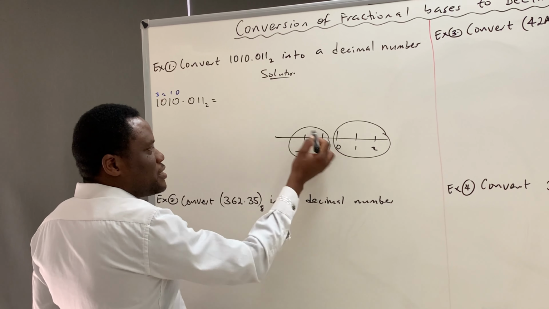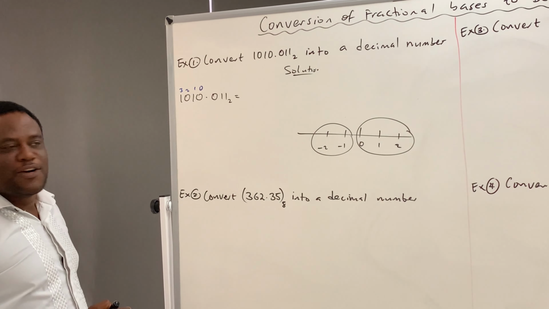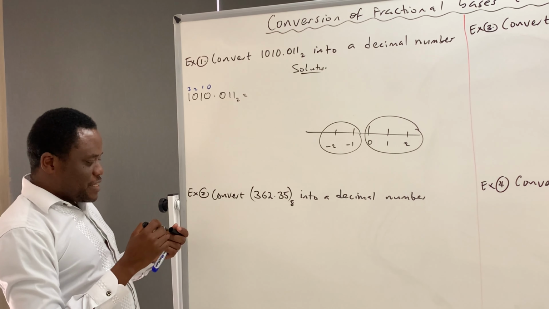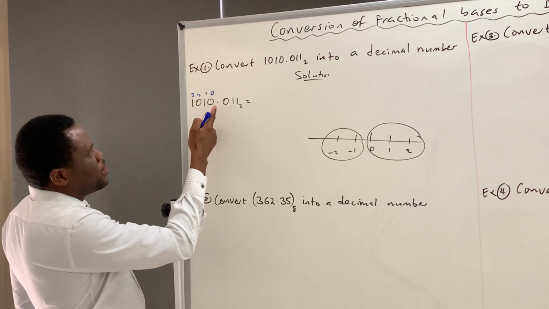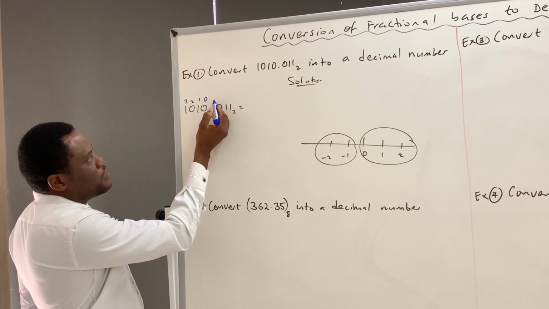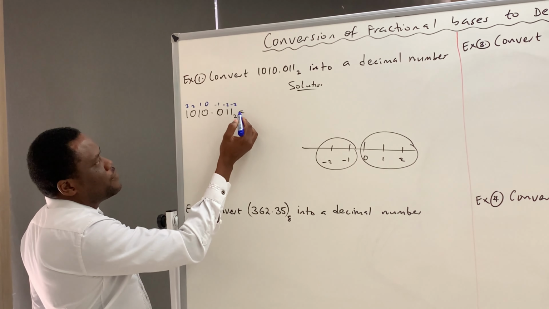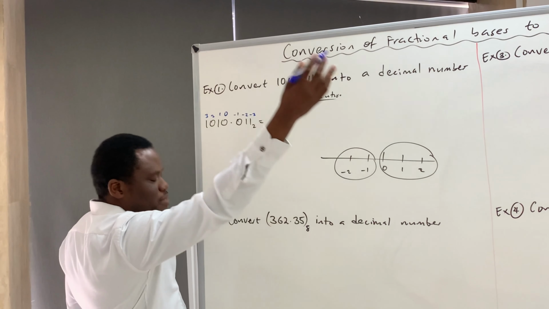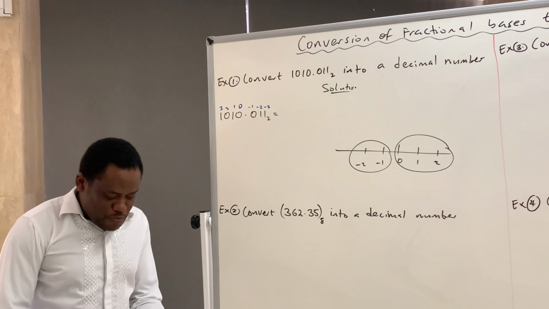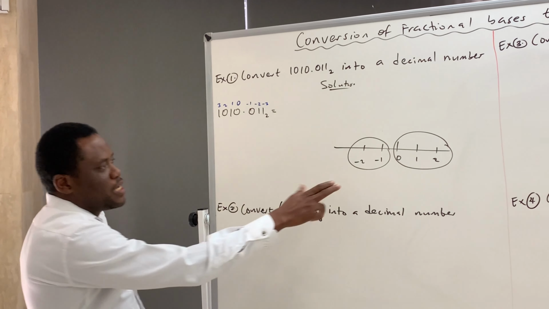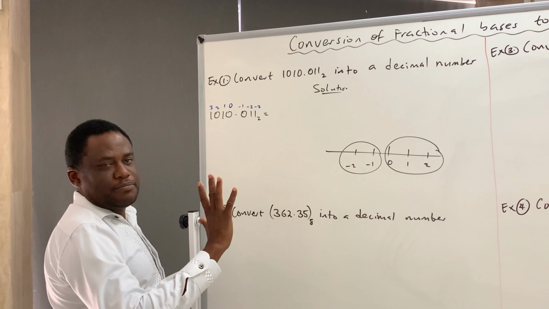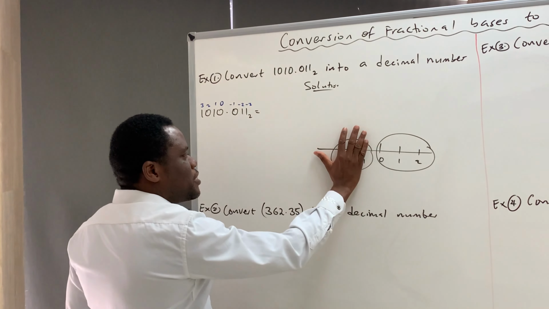Now the next to count is the negative part. This is the turning point, right? So this is negative 1, negative 2, negative 3, and so on. Okay? So please take note. This is very important. This is derived from the number line, for the whole number and for the decimal number.